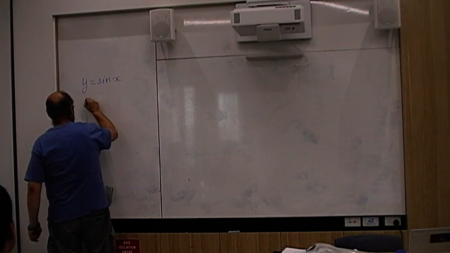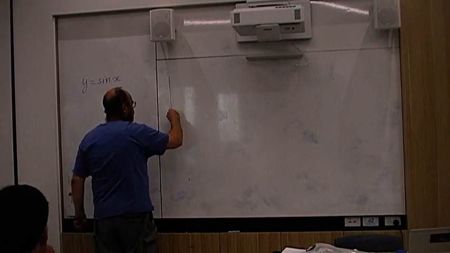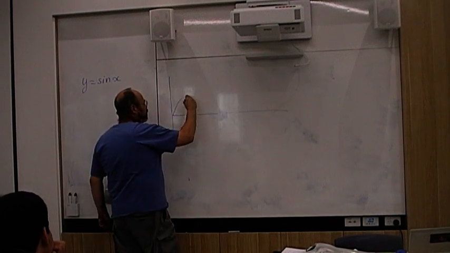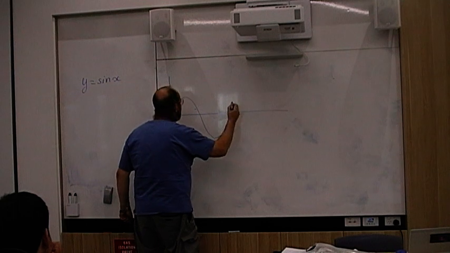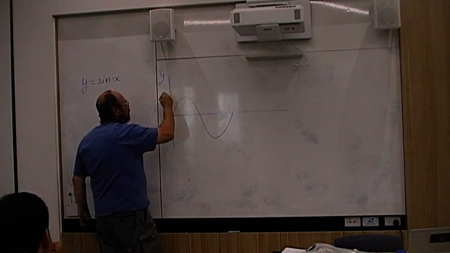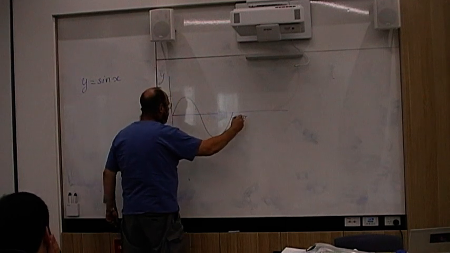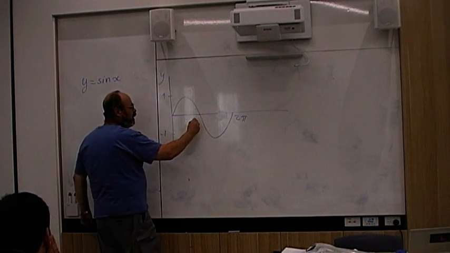So if we have y equals sine x, and we sketch the graph of sine x, we have 2 pi, we have pi.